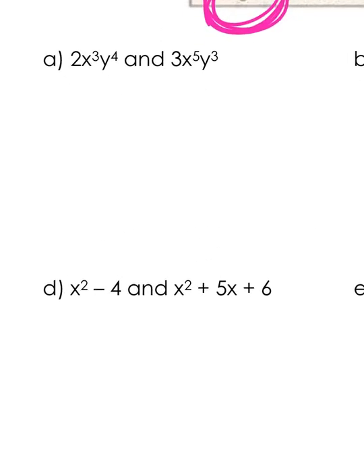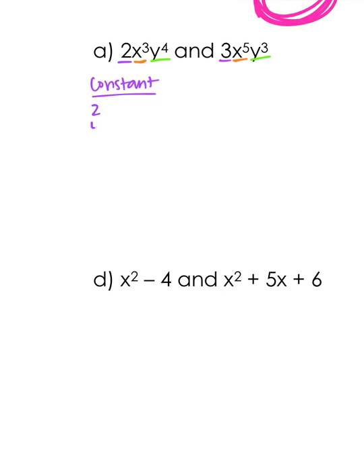So problem A, I've got 2 and 3. Those are my constants. I've got x cubed and x to the 5th. And I've got y to the 4th and y to the 3rd. So starting off with my constants. For 2, I'm going to go 2, 4, 6, 8, 10. For 3, 3, 6, 9, 12, 15.